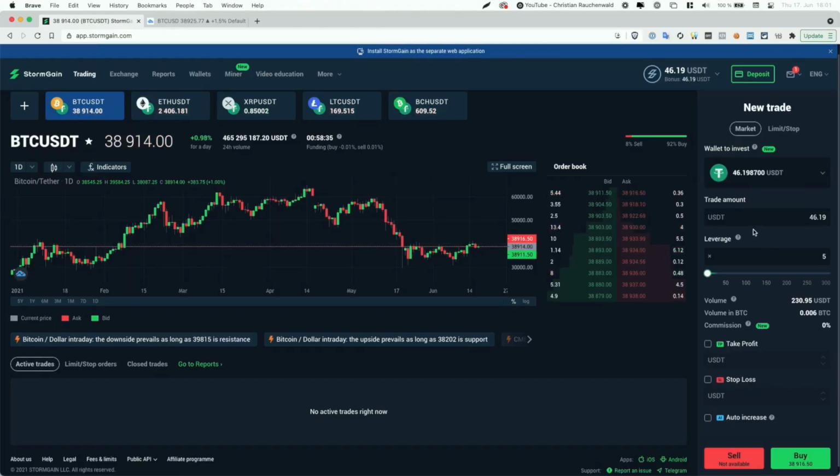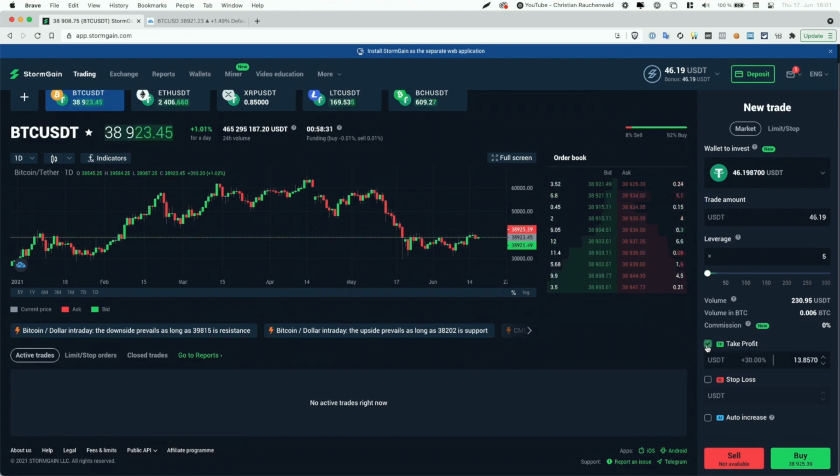Now back to StormGain. As we can see, besides the leverage, we can also define take profit and stop loss levels. So that would be price targets or percentage targets where our position would be automatically closed. Now since we are however trading with bonus USDT, I personally would not or will not use the stop loss feature, but I could use the take profit feature and say, like, once we have a, I don't know, like 30% profit or 50% profit, I'm going to have the position automatically closed.